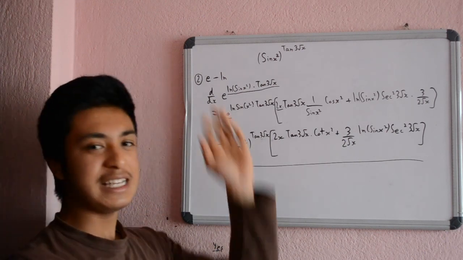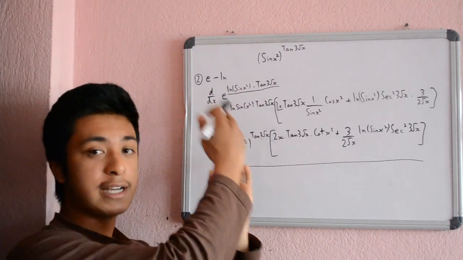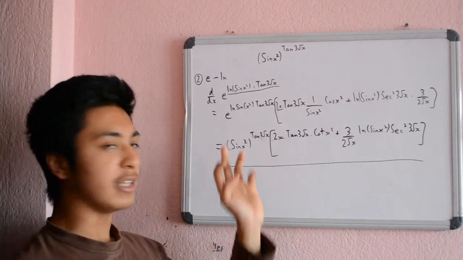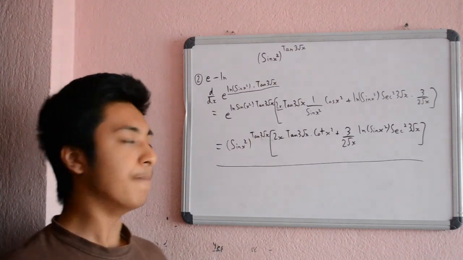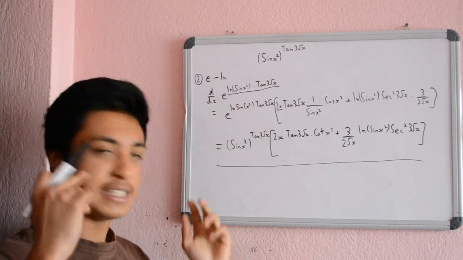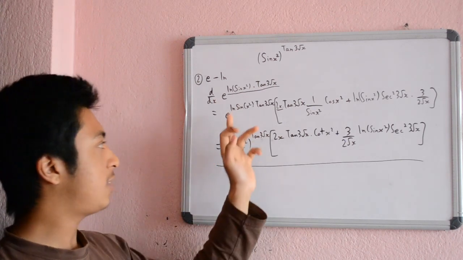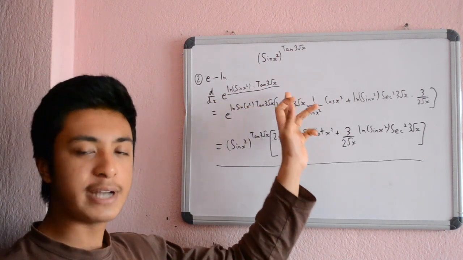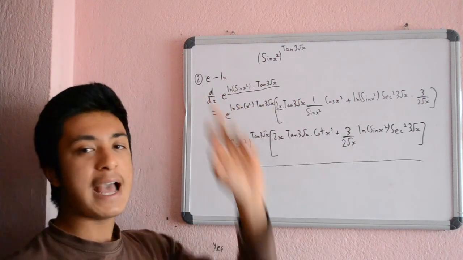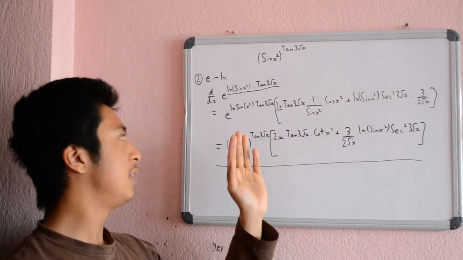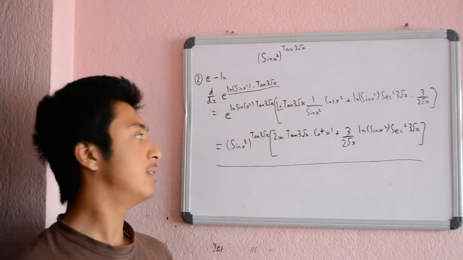So I prefer this e ln method because look at it, just 3 steps, and it's the same thing. It's almost like y substitution, but it's easier and the same process in mind, and you just have to differentiate ln sin x square tan 3 root x in this method as well as in the first method. So that's why I prefer doing this than the y substitution and all of that.